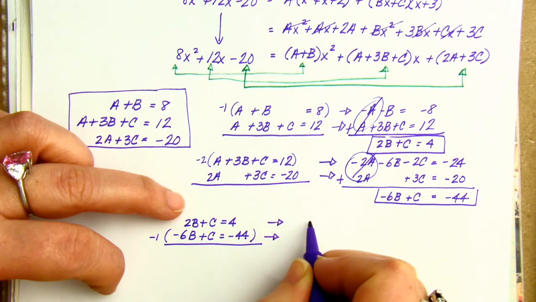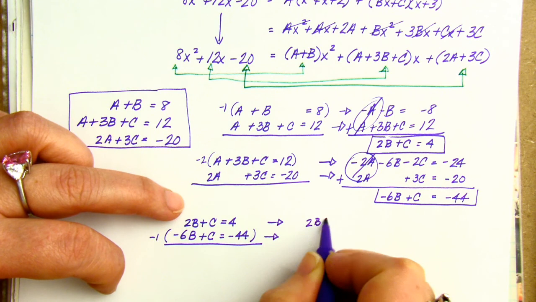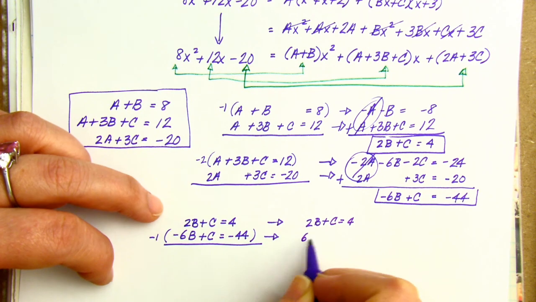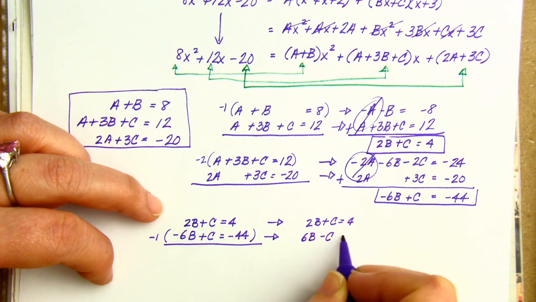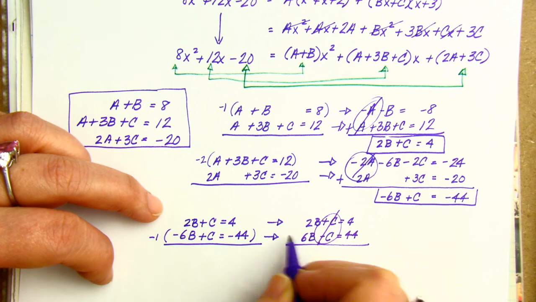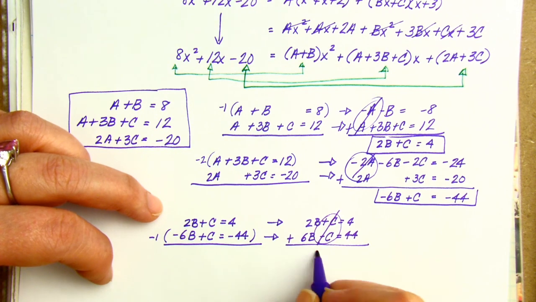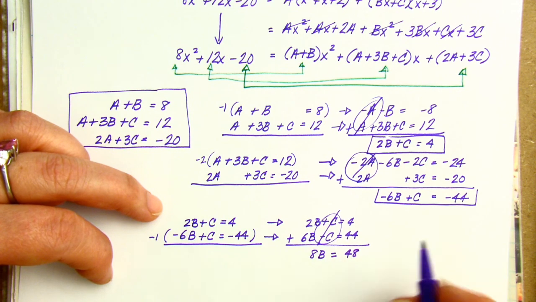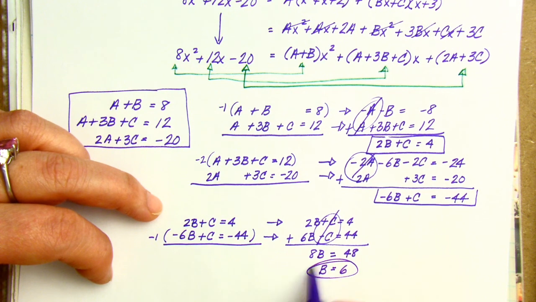Equation 1 did not get affected. Equation 2 becomes positive 6b minus c equals 44. Here's my opposites. Now I can add 6 and 2 is 8. 8b is 48, and 8 divides 48 6 times. So b is 6.